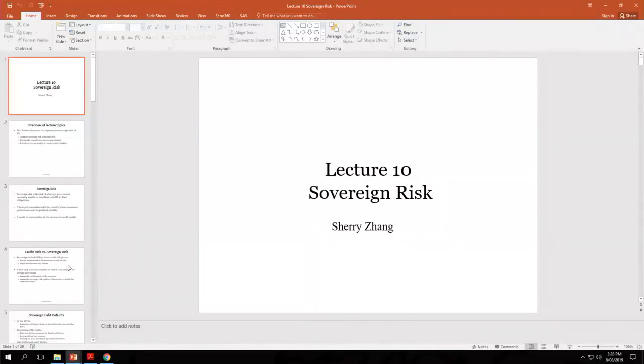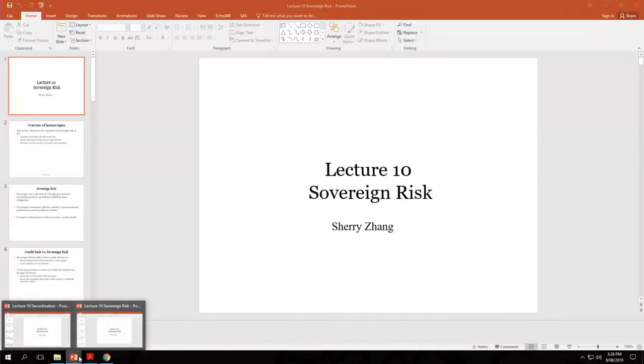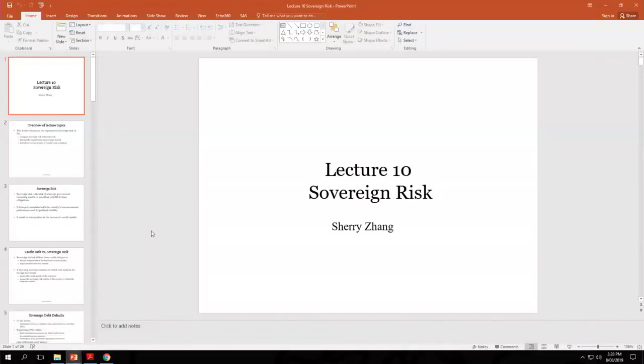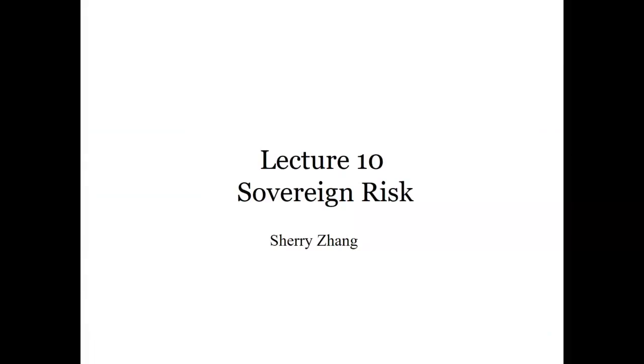So let's talk about our learning objective today. Start with sovereign risk, right? Sovereign risk has another name, country risk. Basically, we know that banks lend money to foreign firms as well as foreign governments all the time, right?